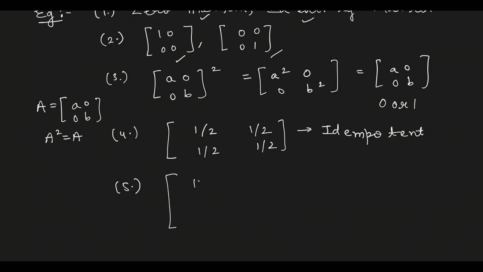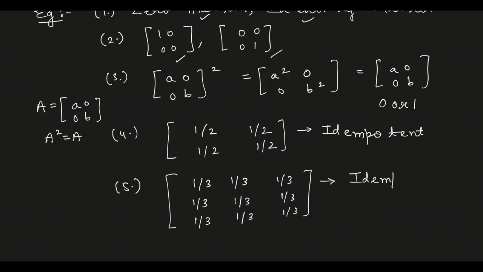Similarly, what about this? It is also idempotent. Diagonal entries are 1, 0, 0. The eigenvalues are 1, 0, 0. It is a rank 1 matrix.